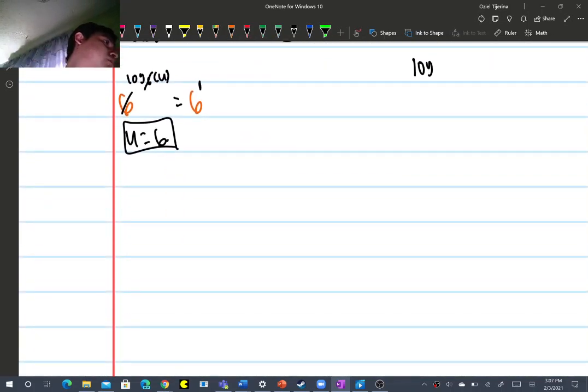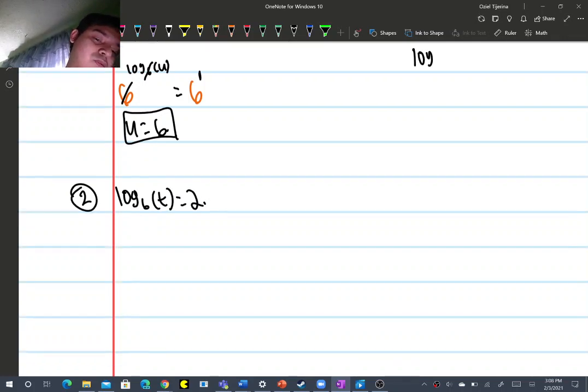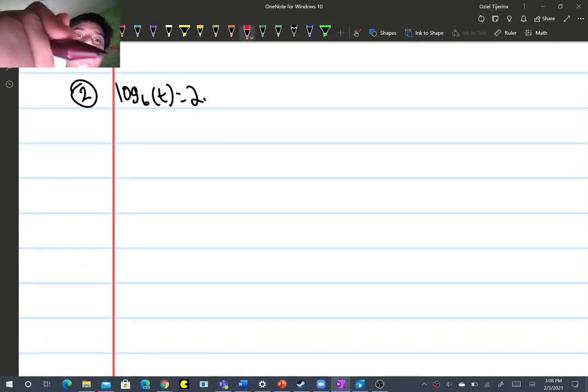So the second one that we have is log base 6 of t equals 2. My first step is, you can always try to make this into an exponential function. That means that if log base b of y equals x, then b to the x equals y.